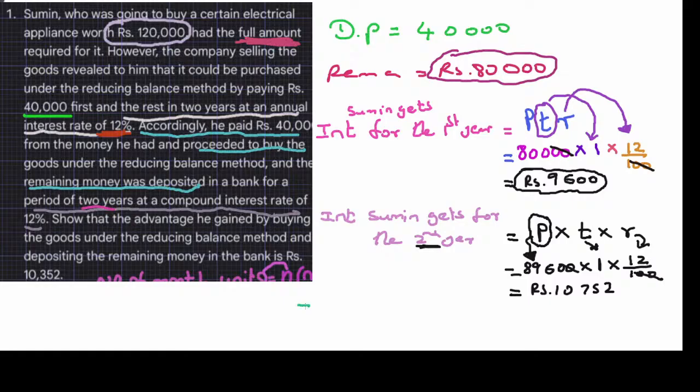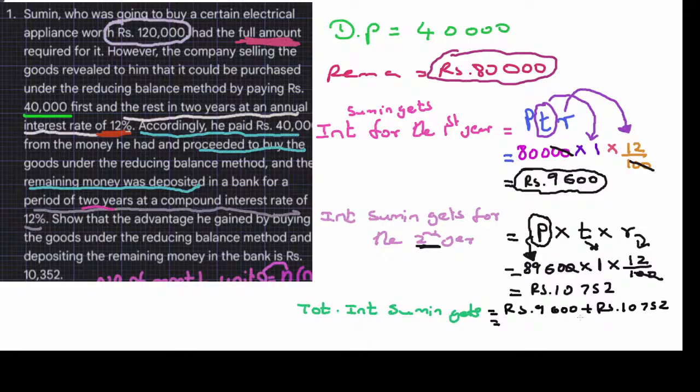So what is the total interest Sumin is getting? For the first year, he got an interest of 9,600. For the second year, he got an interest of rupees 10,752. So when we add these two, we get the total interest Sumin will get from the bank. How much is he going to get?